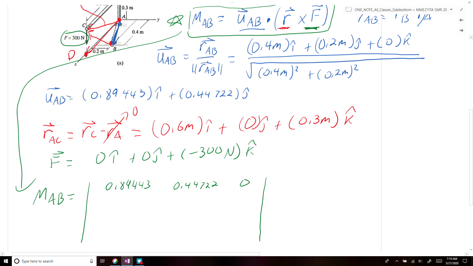And then the second row would be equal to RAC, which would be 0.6 meters, 0, and 0.3 meters, and then the last row is just our force, which would be 0, 0, and minus 300 newtons.